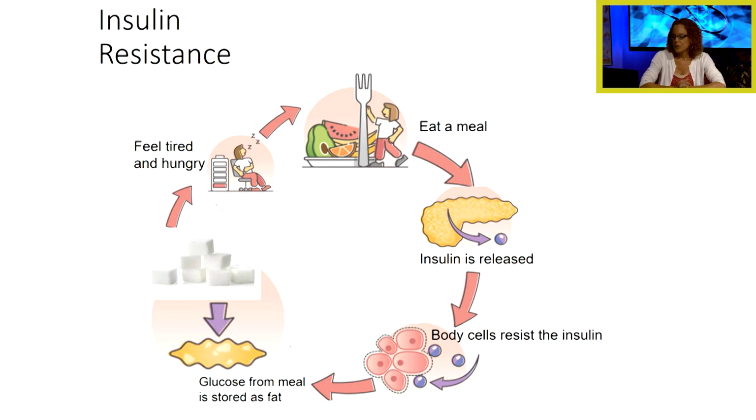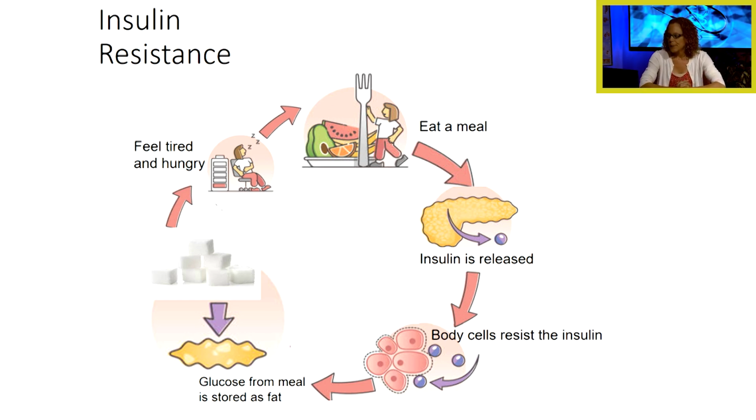The glucose from the meal is then stored as fat, okay? Why? Because the insulin isn't unlocking the door of the cell for glucose to go in, all right? And so instead, that glucose from our meal gets stored as fat. We feel tired, we feel hungry, and the cycle continues, okay?